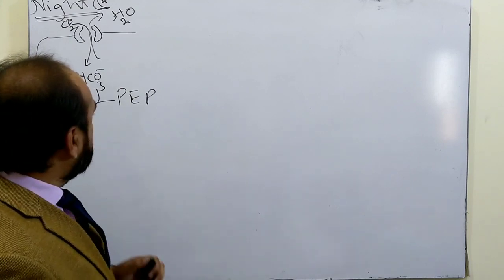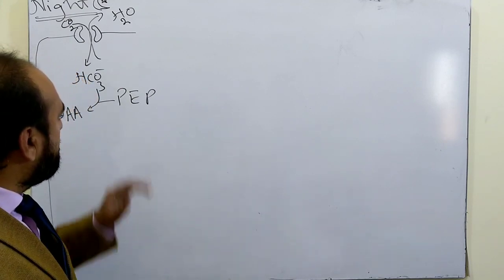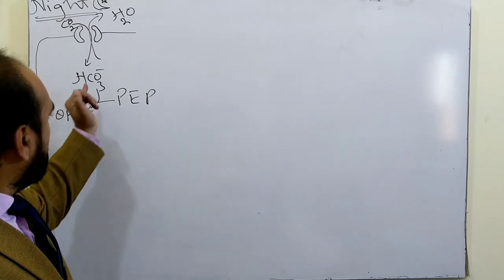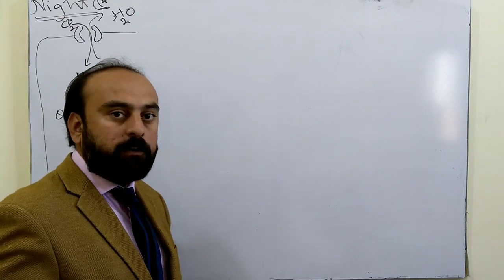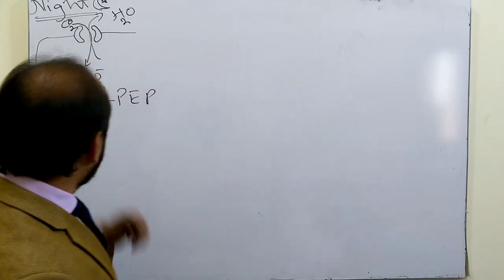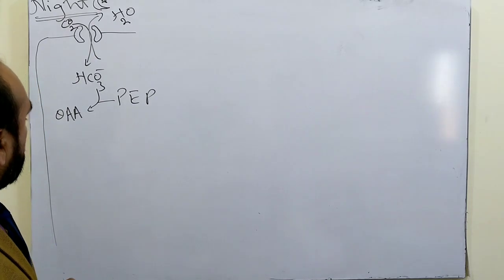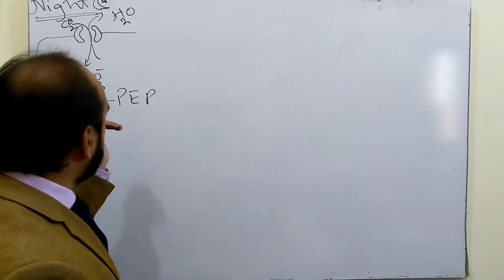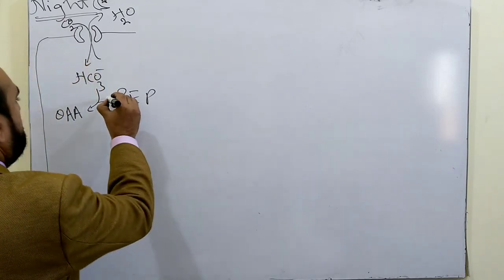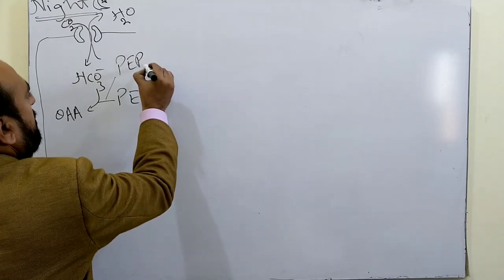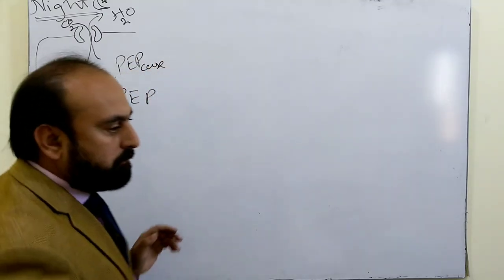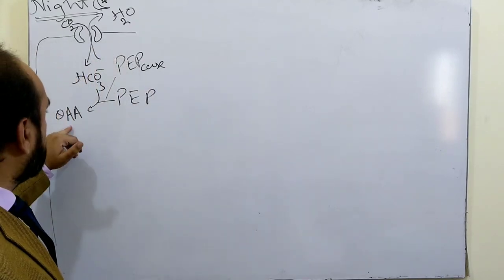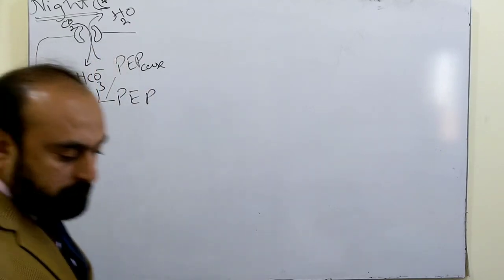As in the case of C4 plants, the first acceptor molecule is phosphoenol pyruvate, which prefers bicarbonate ions for its carboxylation, and this step is catalyzed by the PEP carboxylase enzyme, same as in C4 plants, forming a 4-carbon acid, that is oxaloacetic acid.